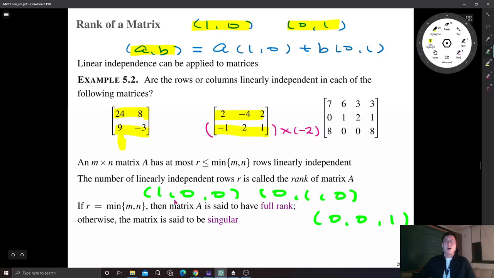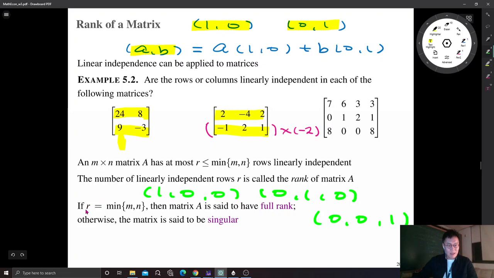So in three-dimensional space, there are at most three linearly independent vectors. So going back to matrices, if we have an m by n matrix, the rank, the number of linearly independent rows, cannot exceed the minimum of m and n.